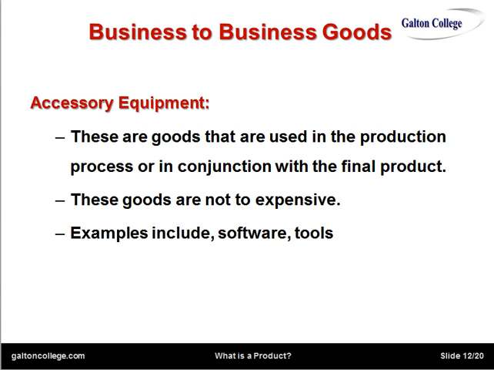Accessory equipment. These are goods that are used in the production process or in conjunction with the final product. These goods are not too expensive. Examples include software and tools.